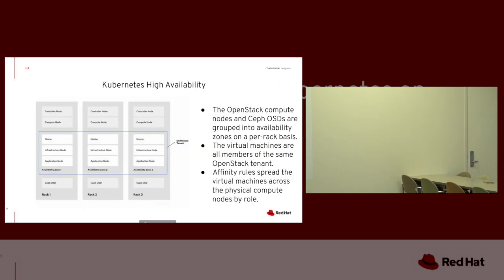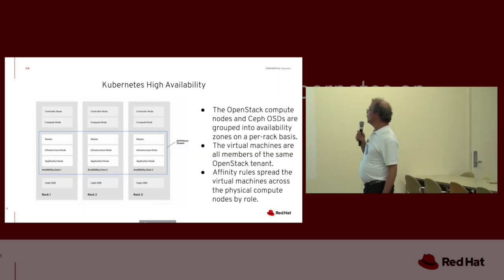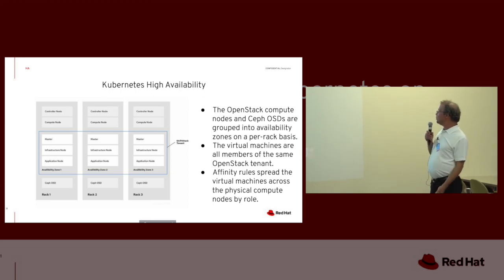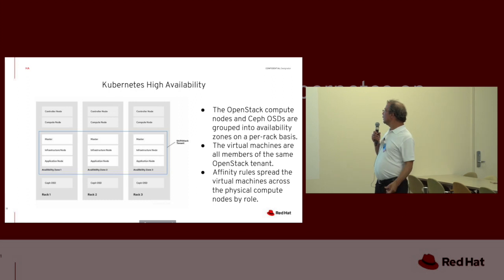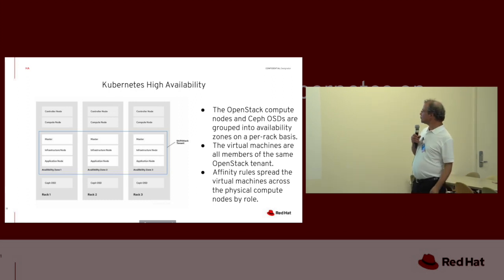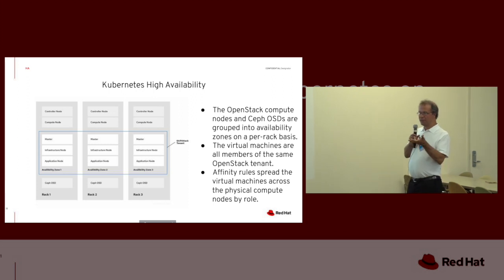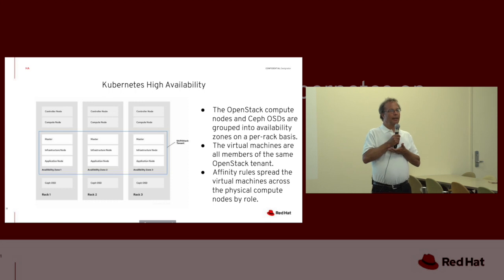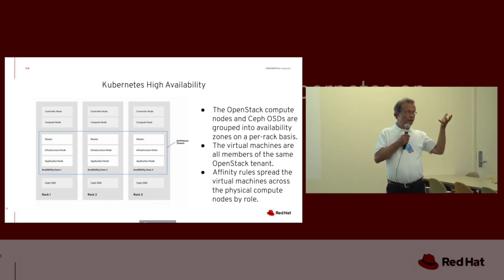We want to do Kubernetes high availability, so the OpenStack nodes are provided at the bottom, and the Ceph OSDs are grouped in zones on a per-rack basis. And they're all members of the same OpenStack tenant. An OpenStack tenant is like a tenant in an apartment building or an office building.